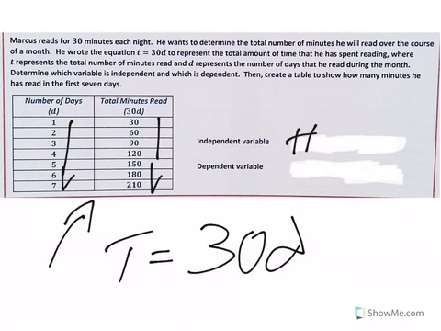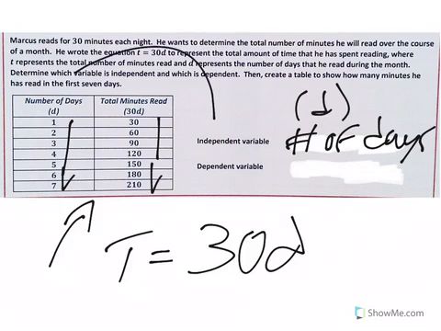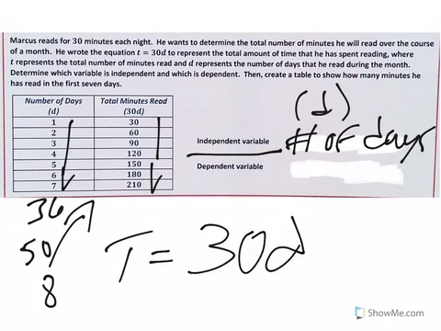And the number of days, or D, in this case would be the independent variable. And the reason that is because you can put any number in here. You could say he reads for 36 days. You could say he reads for 50 days. You could say he reads for 8 days. You can change that number.